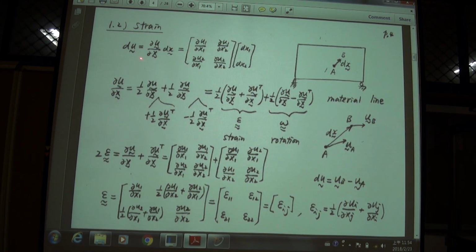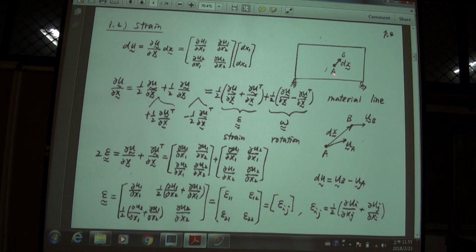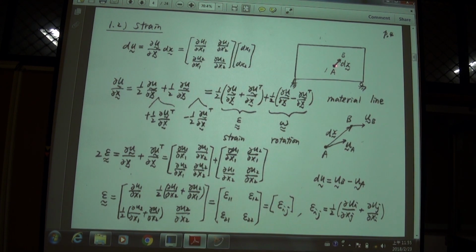This is basically the physical meaning of this relation. Let us look at the detail here. For example, we have a beam. We just randomly take one material line, AB, and between point A and point B, we have infinitely many material points across this line. We denote it as the dx vector. We call it the material line. And this material line will be deformed.